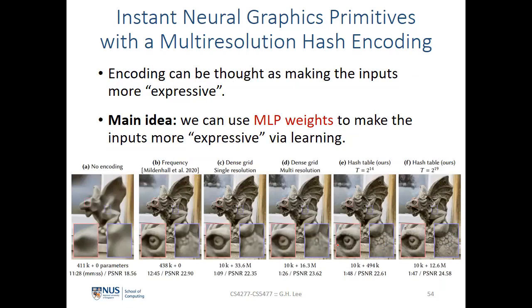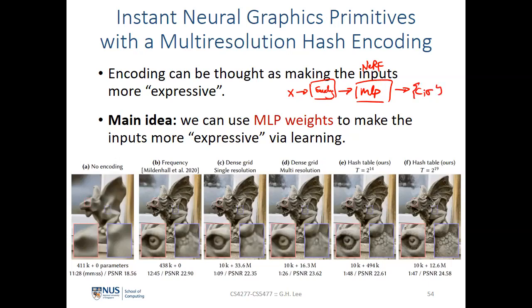So what it means is that you can have an MLP. This MLP remains the original NeRF MLP. The original NeRF MLP takes an input, let's call it X, then does an encoding here before putting it into this MLP and outputting the color and sigma.